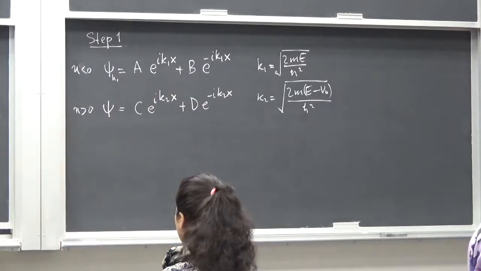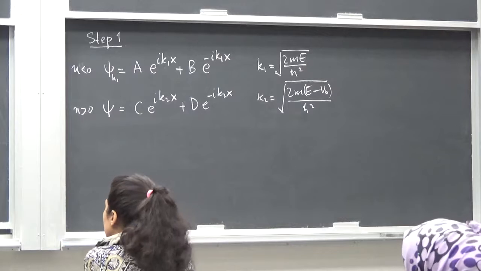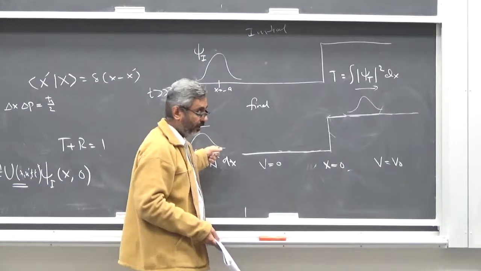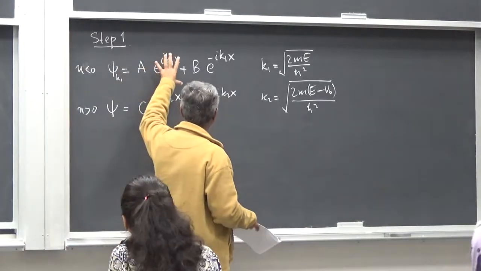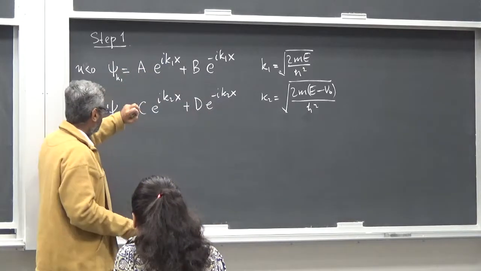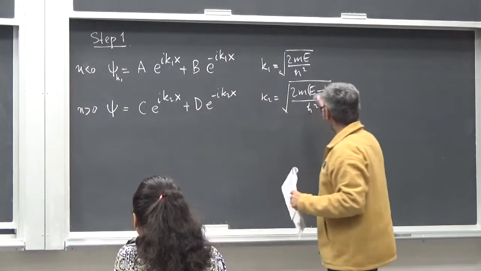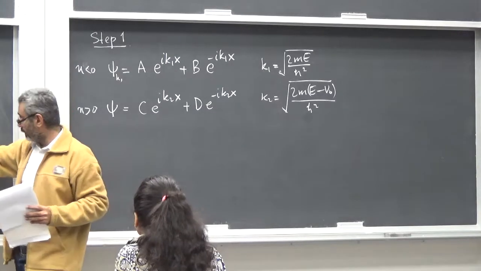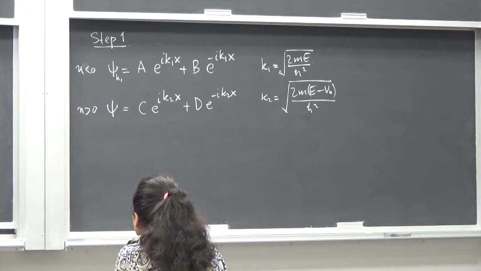Another very important thing I forgot here. I should have talked about that. The energy of this thing, if you're talking about the wave functions or the eigenstates of the Hamiltonian with energy less than V naught, then in this portion they will be exponentially decaying.